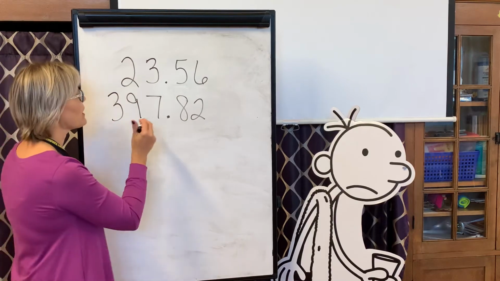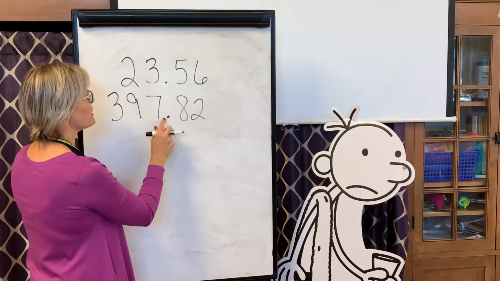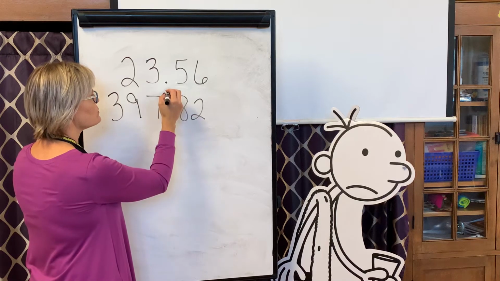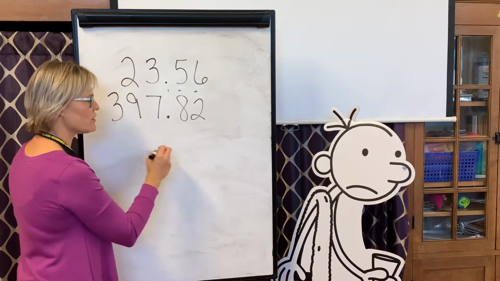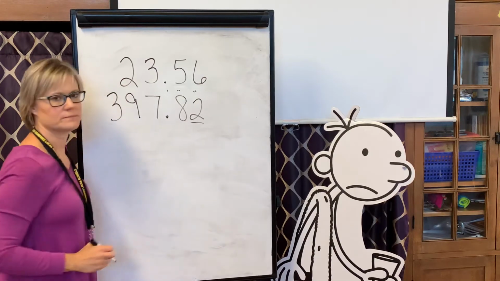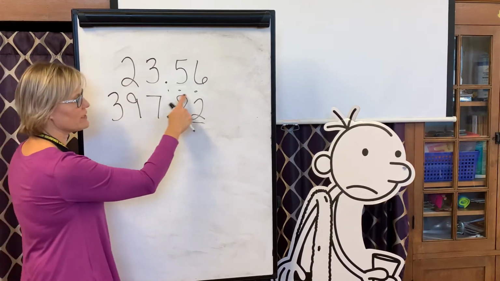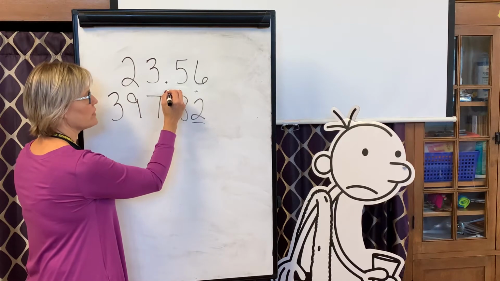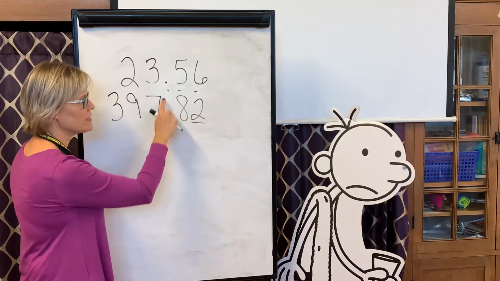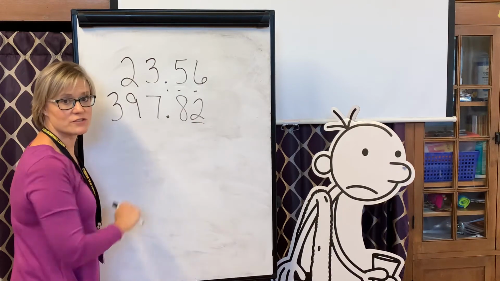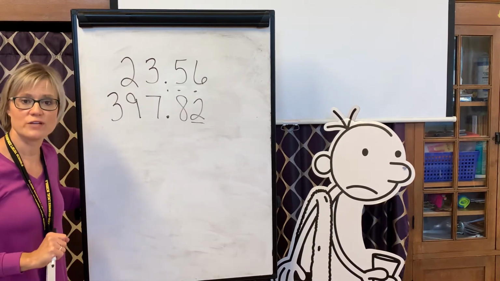So I'm going to go back through here and I'm going to write this really small and say I want to know the value of the 2. Well, I've gone ahead and I've written my strategy up here, the 1 above the decimal and then the 0s above the other places. That's hundredths. So the value of this would be 2 hundredths.